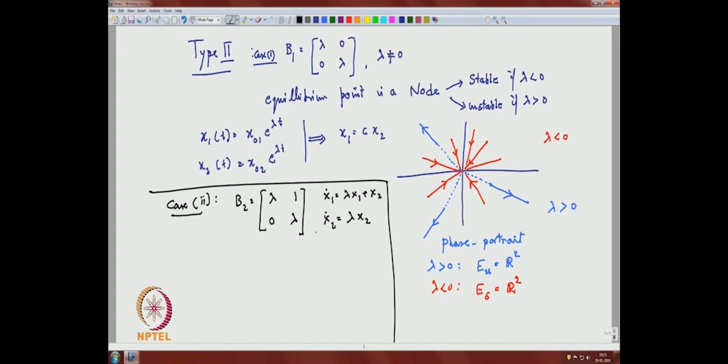So, the equation for x2 is an independent thing. You can solve this system separately if you prefer, because x2 can be solved immediately since it is a decoupled part. Once you find x2 you can put it here for x1, and that is a non-homogeneous system for x1. Otherwise, you can immediately compute.